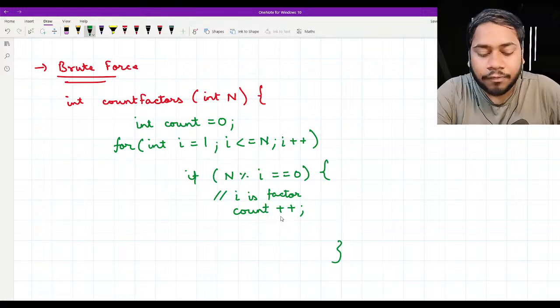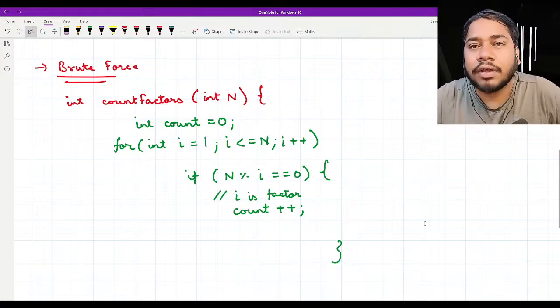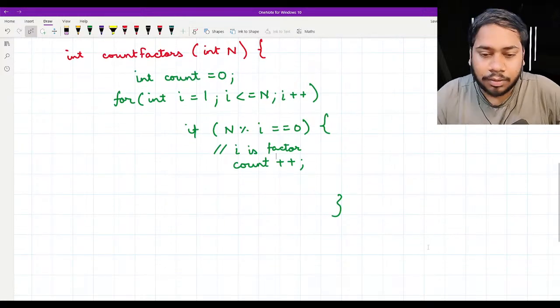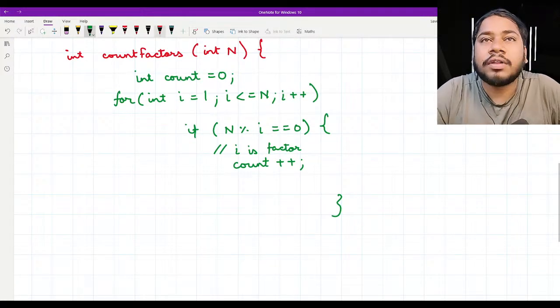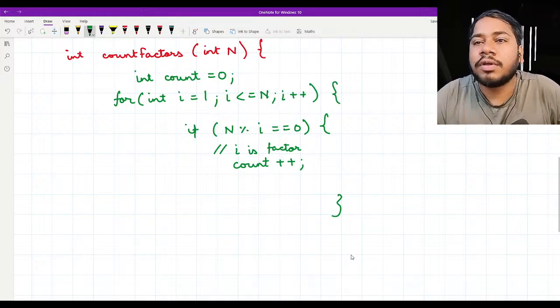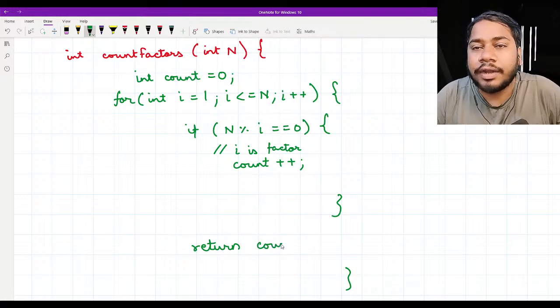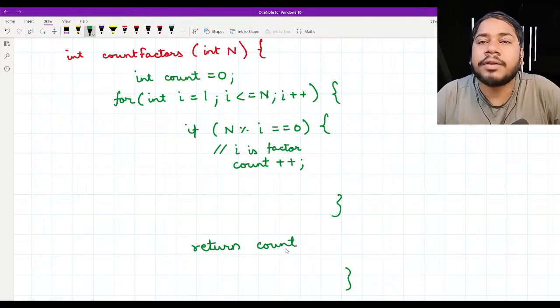And after this, suppose it is done, then we will return that count. Okay, done.